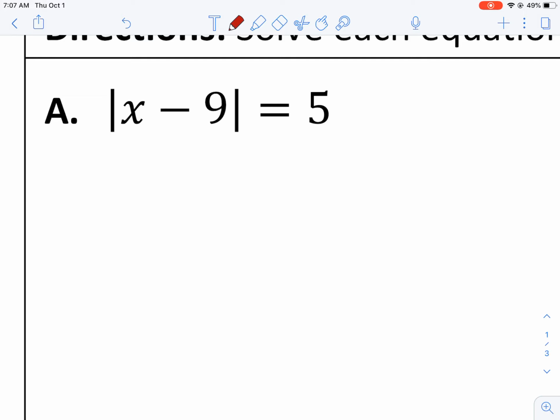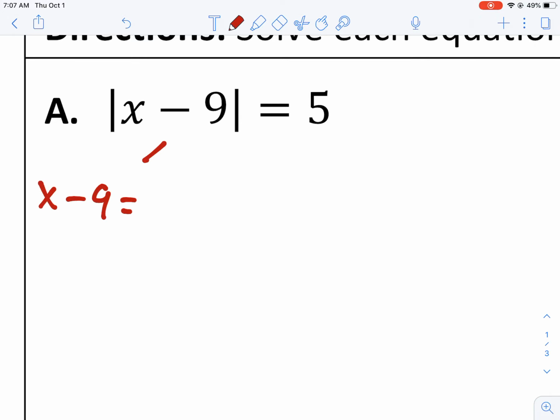So kind of going off of what we did above, all right? Whatever's inside the absolute value right now could equal 5, right? But whatever's inside the absolute value could also equal -5, okay? Both of those solutions work. So that's where we say we create two cases, all right? You've got the positive case and you've got the negative case.